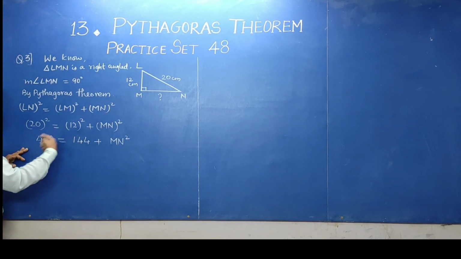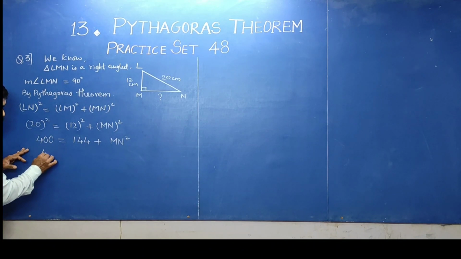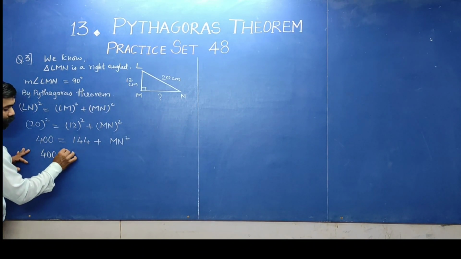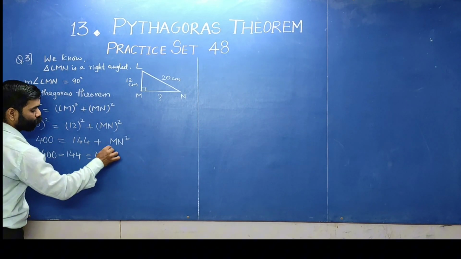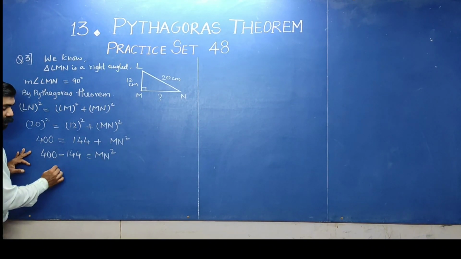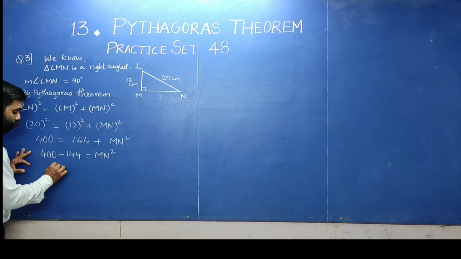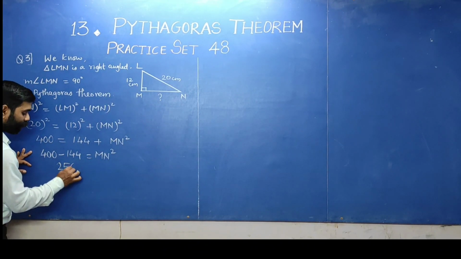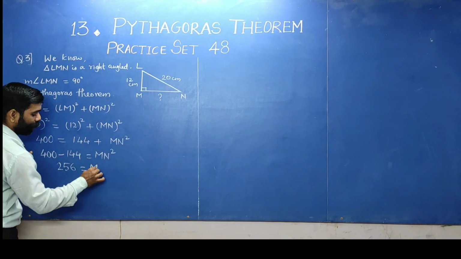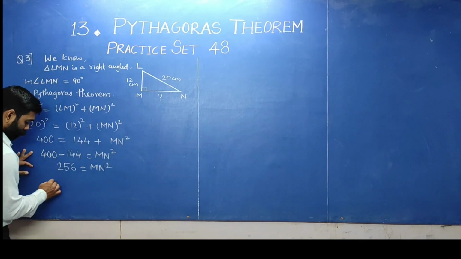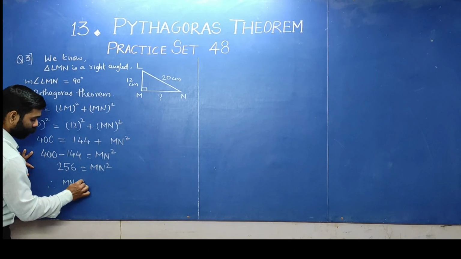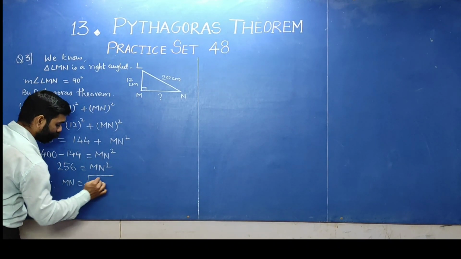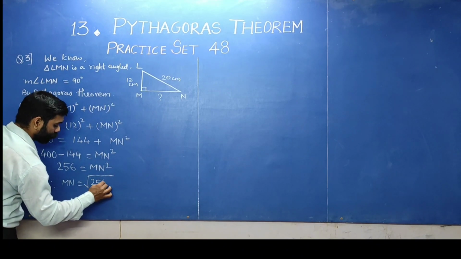400, 144 I will take to left hand side. 400 minus 144 is equal to MN square. If I subtract 144 from 400, I will get 256 as MN square. Therefore MN is equal to square root of 256.